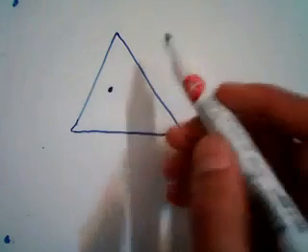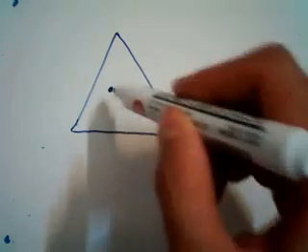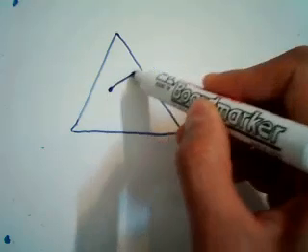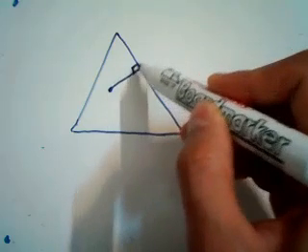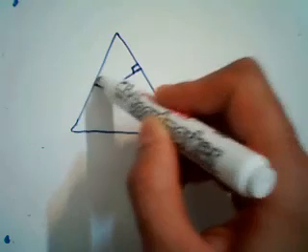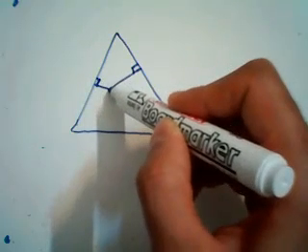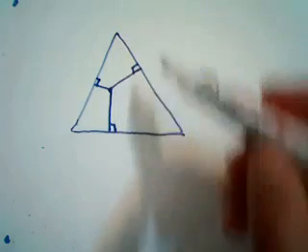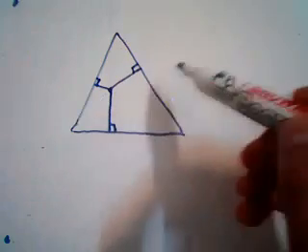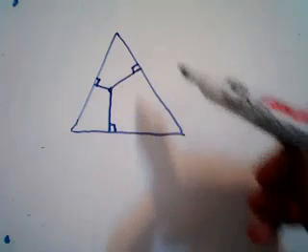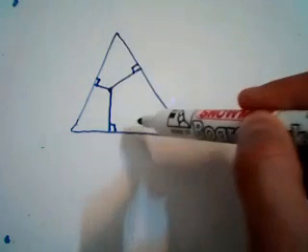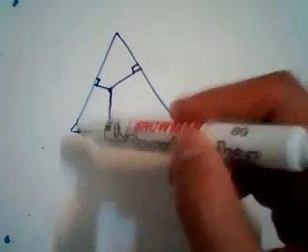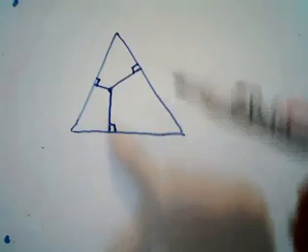The theorem says that for every point inside of this, the sum of the perpendiculars, or the distances from the sides, equals the altitude of this triangle, and the altitudes to every side are equal because this is an equilateral triangle.